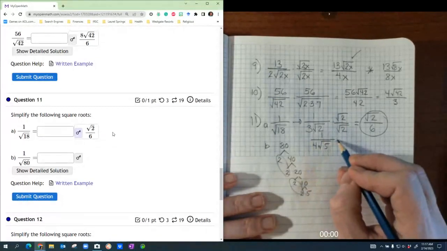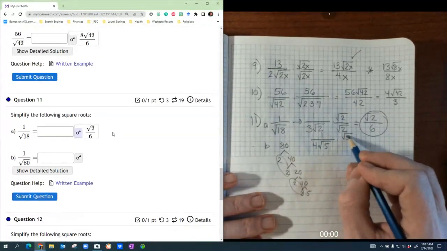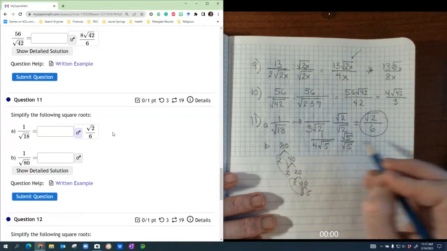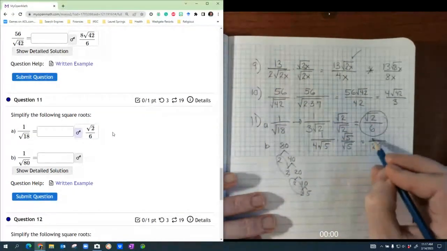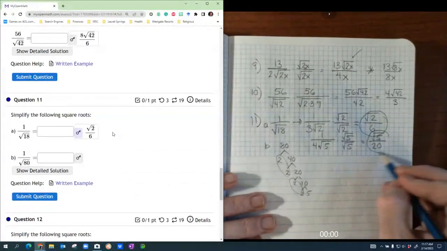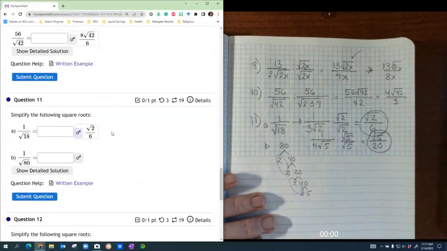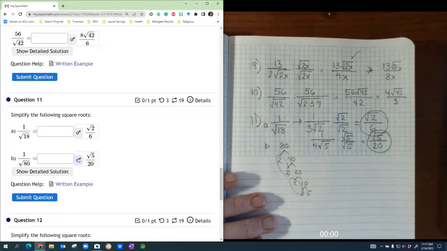And then we're going to multiply both top and bottom by radical 5. And then that's 5 times 4 is 20, and radical 5 is up in the top. And there's an answer for that. So I showed you a new, different strategy with prime factorization trees.